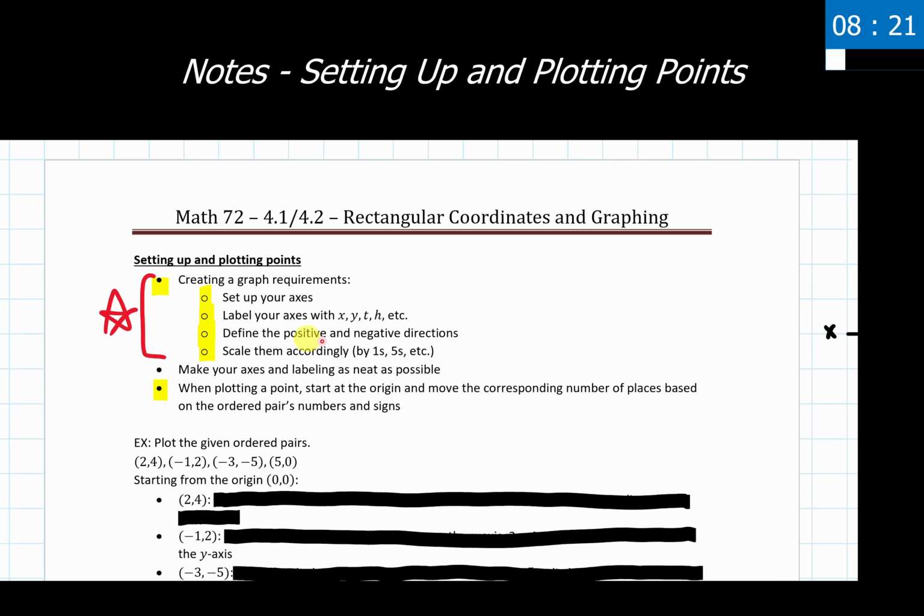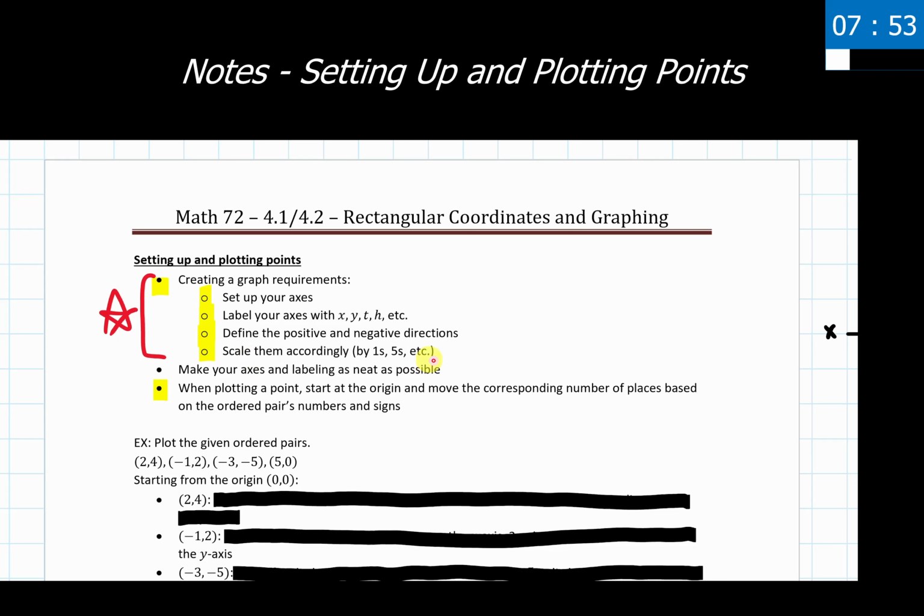We also want to define which direction is positive and which direction is negative on our sets of axes. We generally think that going to the right on the horizontal axis is positive, and going up on the vertical axis is positive. And while that is true, we do want to make sure that we actually label that for ourselves, specifically to help with the last requirement here, which is that we are scaling our axes accordingly.